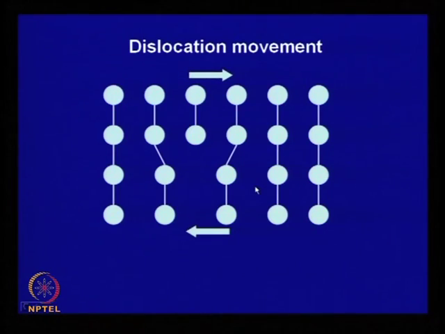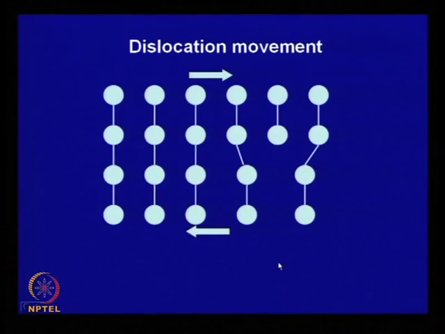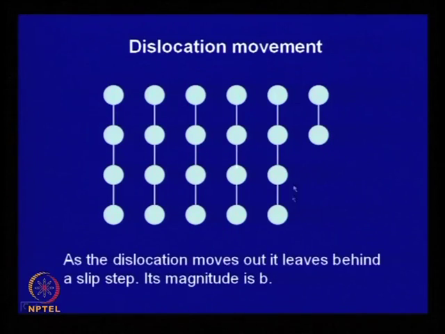And look at how this dislocation moves. To move this dislocation, you have to apply shear stress, which is shown over here. This is the extra half plane. This is not a perfect crystal, the lattices are strained, and when you apply a shear stress that overcomes the lattice frictional stress which resists dislocation motion, it moves to the next point, and continues, and finally you are left with a slip step.